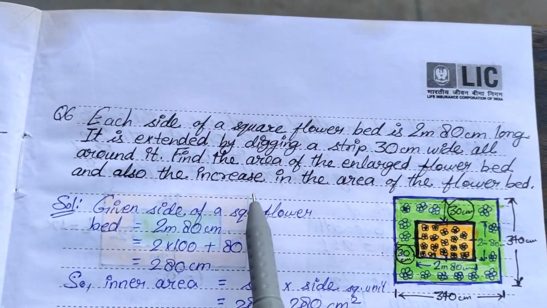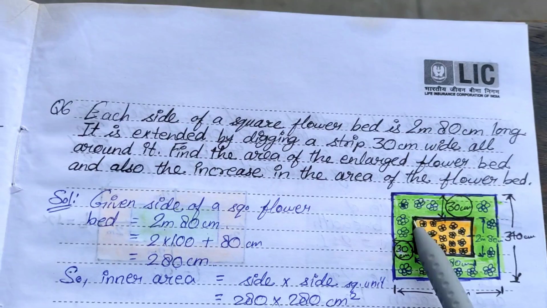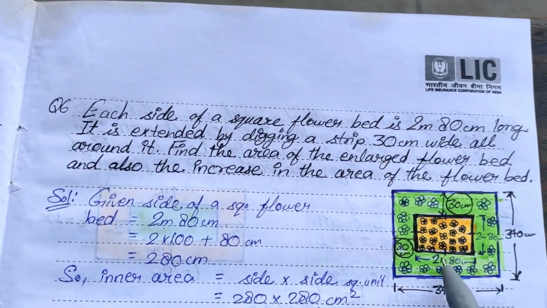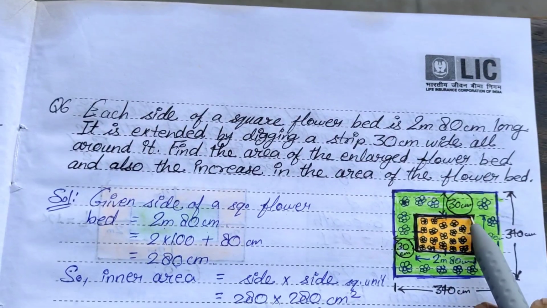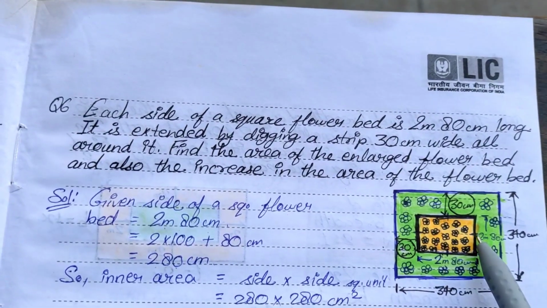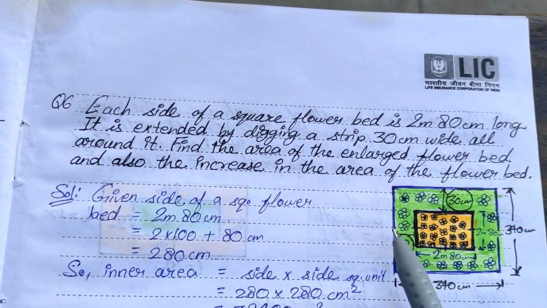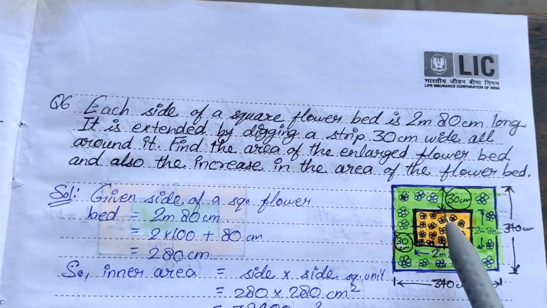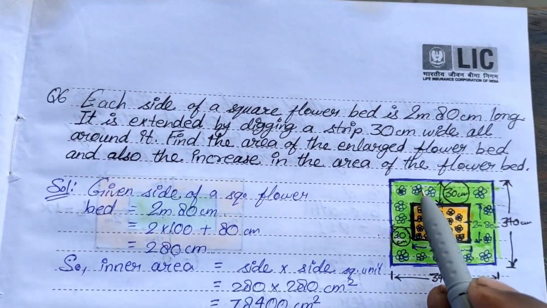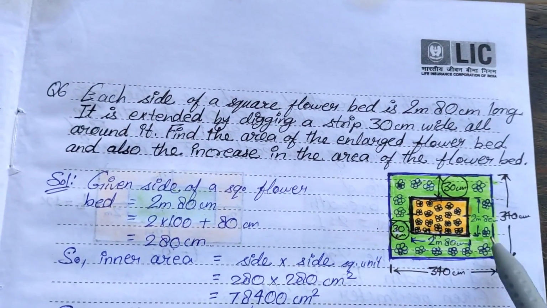Okay, now according to question, figure is this. The initial area of the square flower bed is this, which has side 2 meter 80 centimeter. So this is the square. So all sides are equal, 2 meter 80 centimeter. Now it is extended by digging a 30 centimeter strip wide all around it.